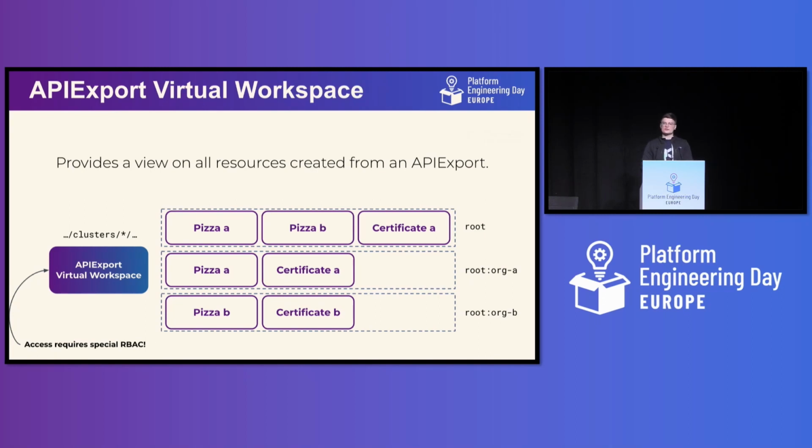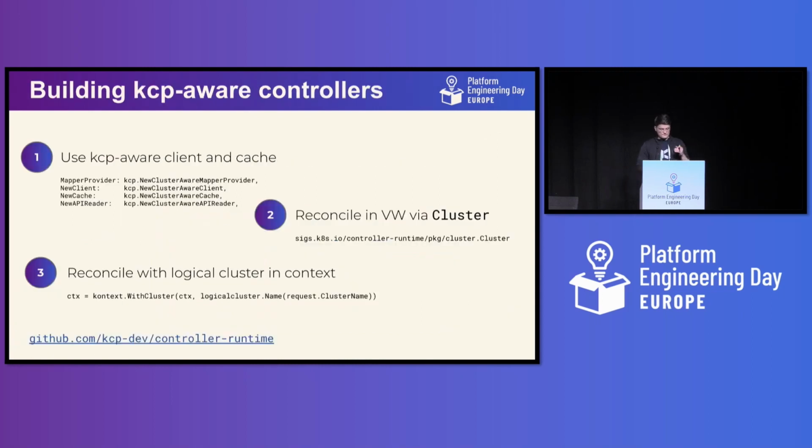So what you've been doing in Kubernetes, you can do in KCP just at a grander scale, because you get all these different teams in their workspaces creating resources. And basically, creating KCP-aware controllers is very simple. There are just three things that you need to know. KCP-aware client and cache. Then you want to talk to the virtual workspace that I just showed you. And then you need to set in your context which logical cluster, which workspace to talk to.